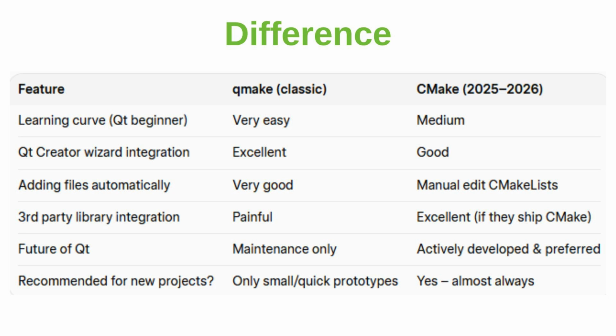As Qt has evolved, particularly with Qt 6, CMake has become the officially recommended build system due to its robustness, maintainability, and widespread adoption in the C++ ecosystem, while QMake is gradually being phased out for new development. Therefore, although QMake is still useful for learning and maintaining legacy code, CMake is the preferred and future-proof option for building modern Qt applications.